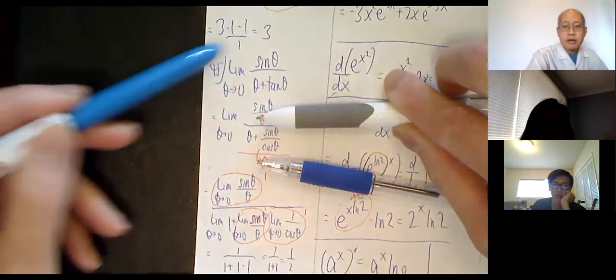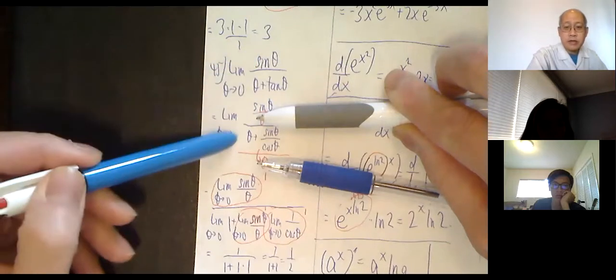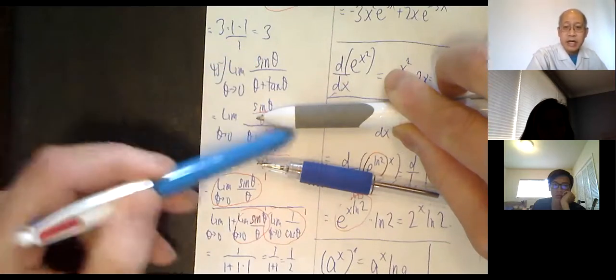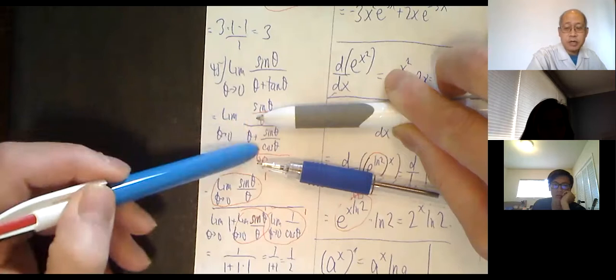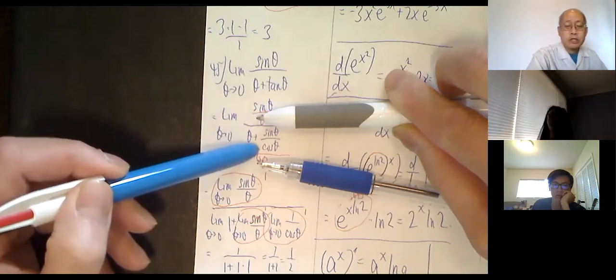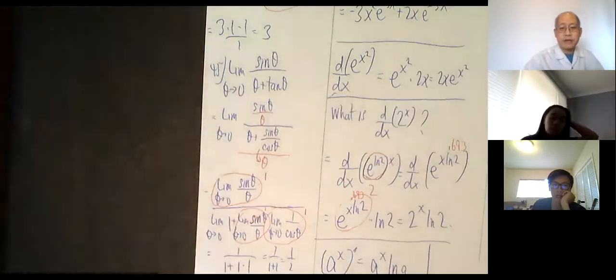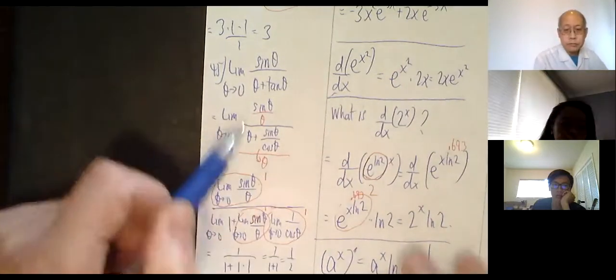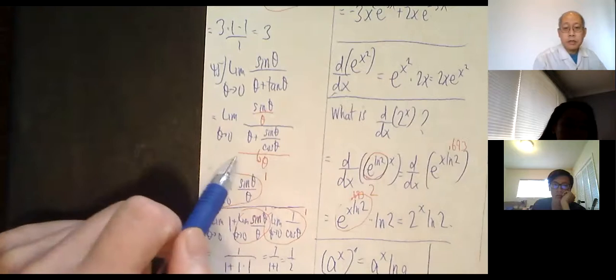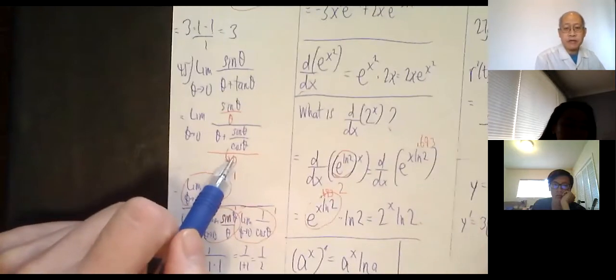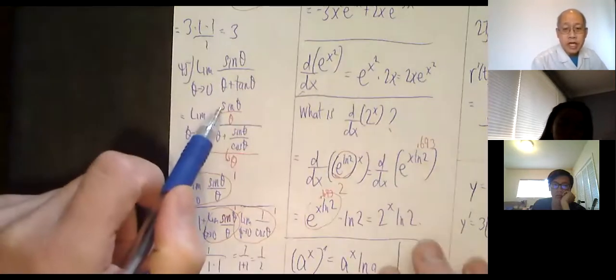Right over here, sine of theta, leave that alone. There's that theta. And here's tangent. Tangent theta is sine theta over cosine theta. So in order for me to use that identity, I divide top and bottom by theta. So this whole thing is divided by theta. So this is sine theta over theta.